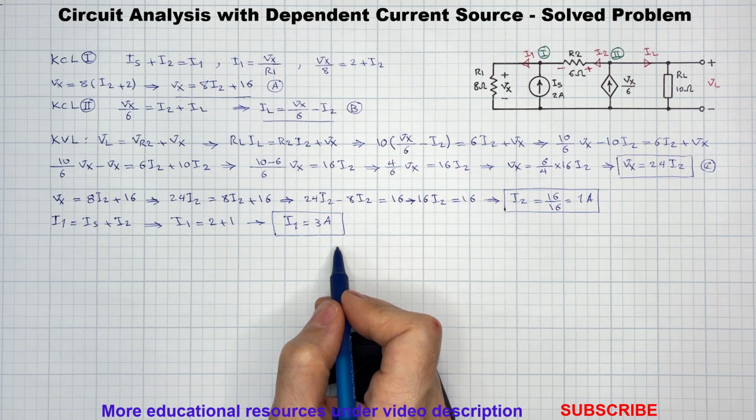Since we have found the current flowing through the resistor R1, we now can calculate the value of Vx by Ohm's law.